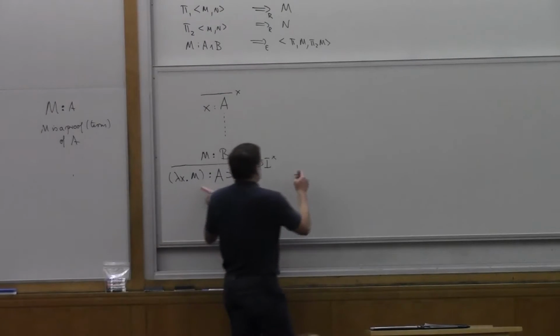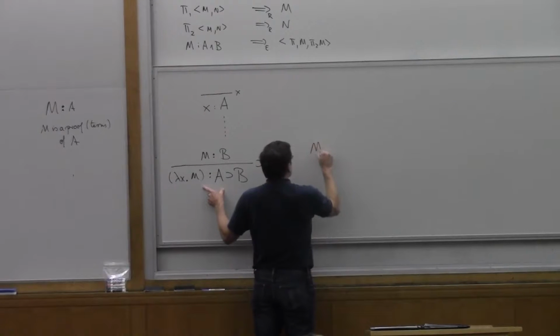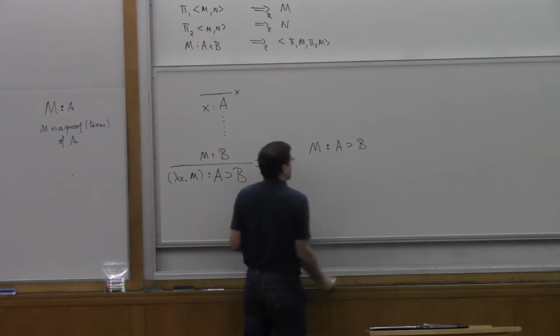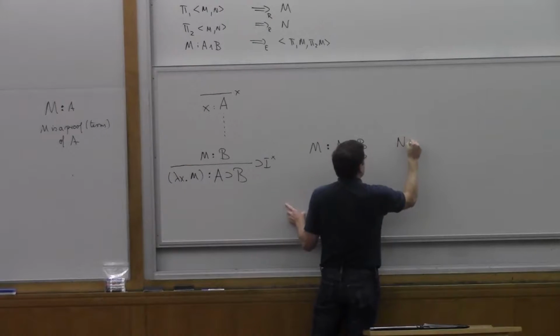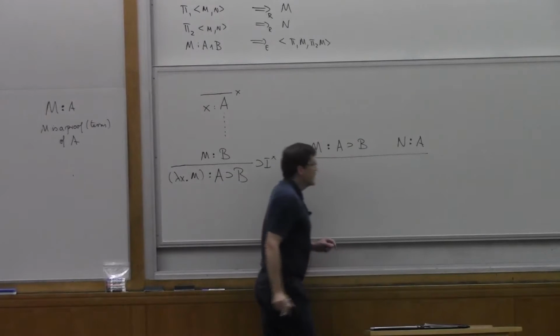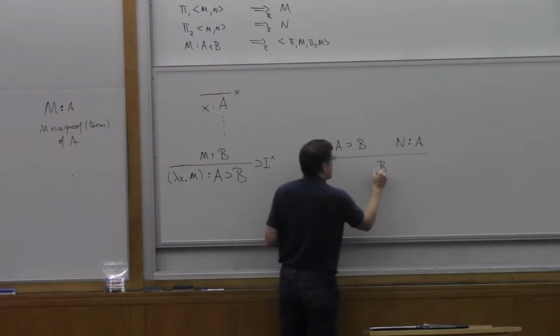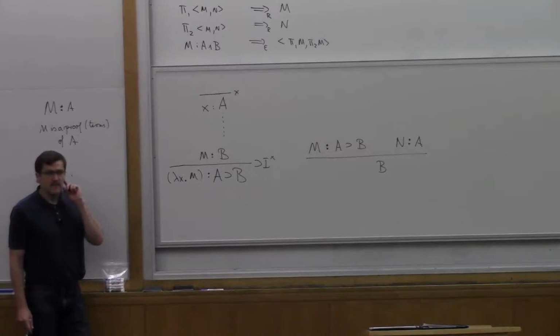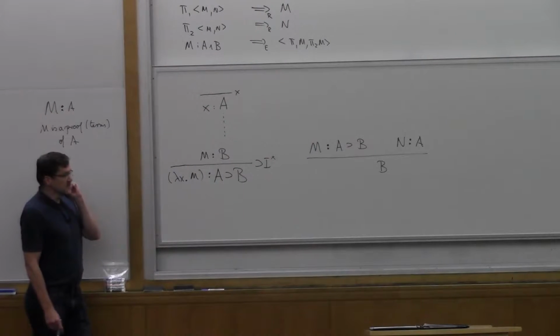Okay, we need to look at the elimination rule. So in its most general form, if you have an M which is a proof of A implies B, and N is a proof of A, how do we get a proof of B? Substitution?